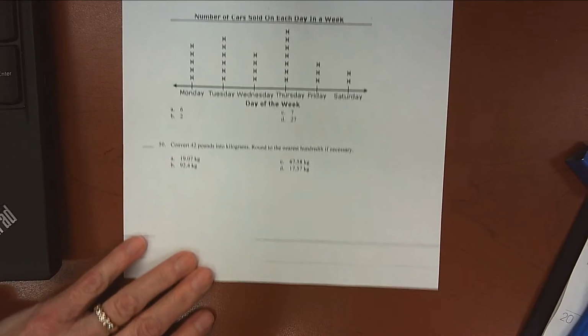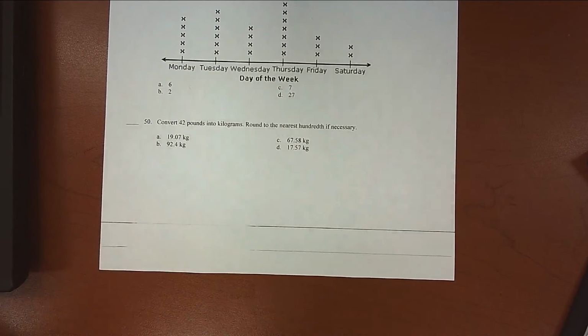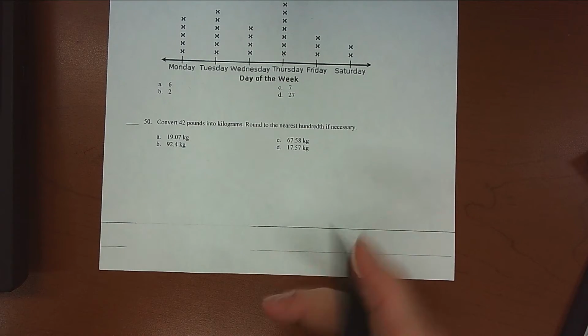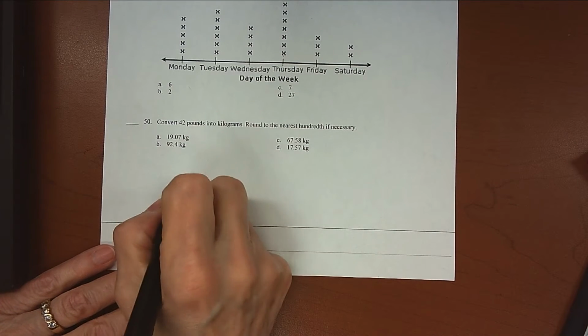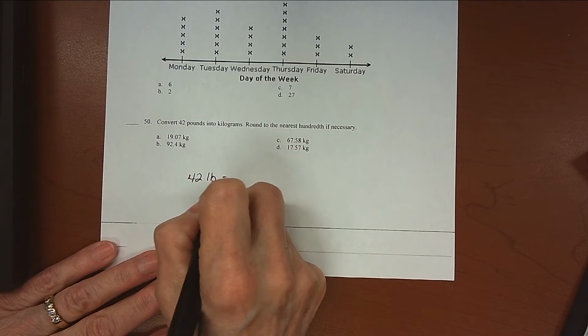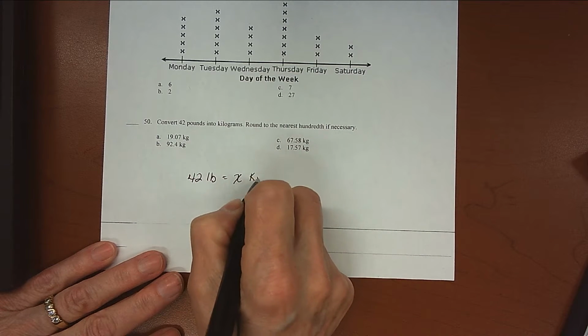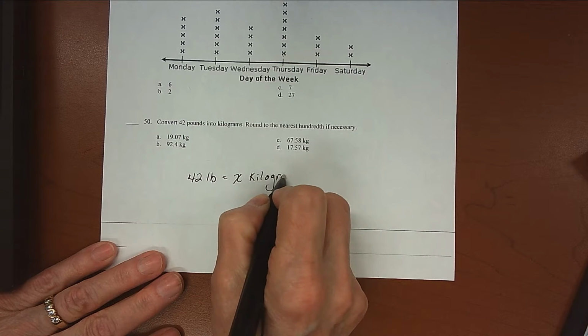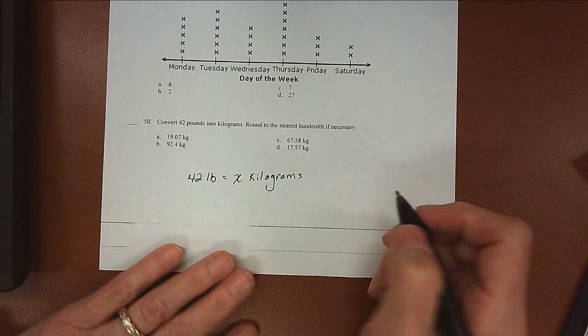We've got convert 42 pounds into kilograms, and so we are going to do that conversion here. So we've got 42 pounds, and we need to know how many kilograms that is. All right, and so what we need to know here is the conversion fact.